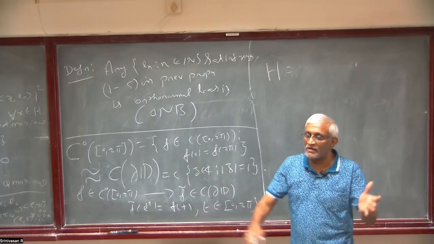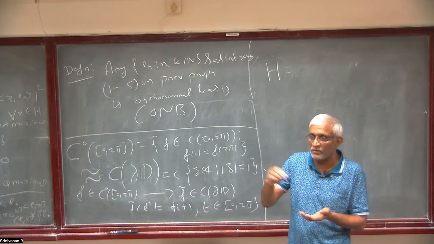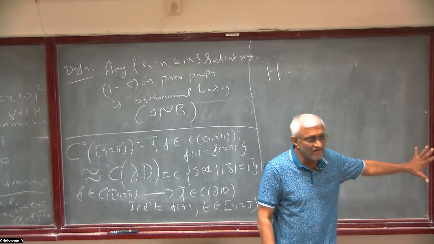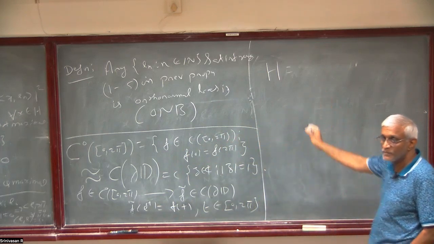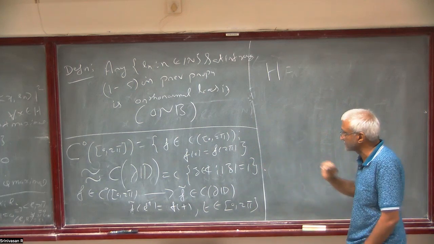Now you consider all orthonormal sets and put the partial order, one is a subset of the other, there will be a maximal element. That maximal element will be an orthonormal basis, and we don't need all that because we are going to explicitly produce an orthonormal basis. So we are going to work with one single orthonormal basis for this.